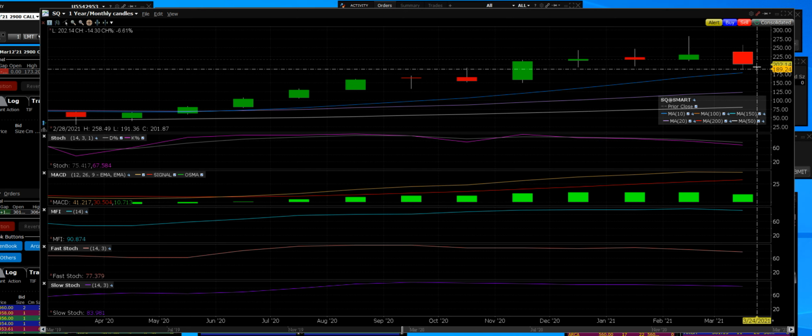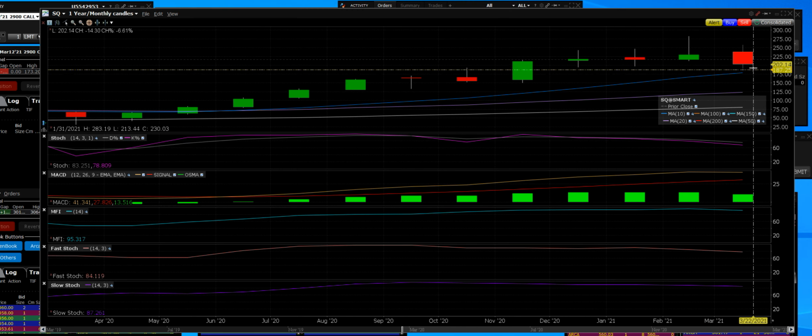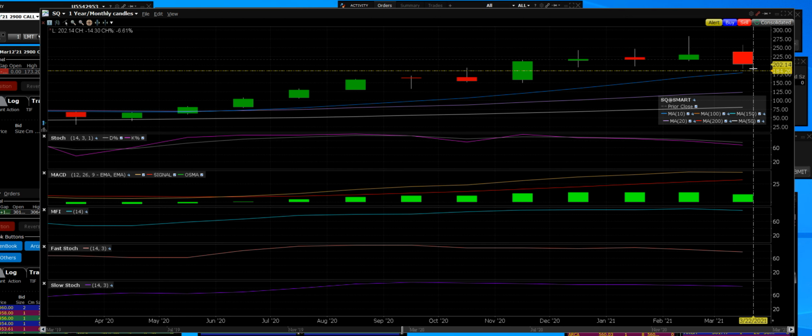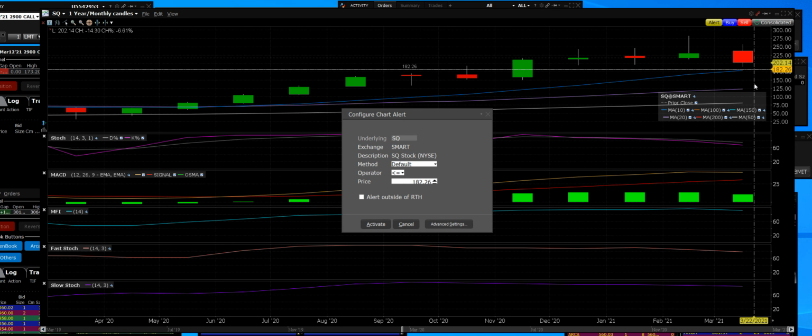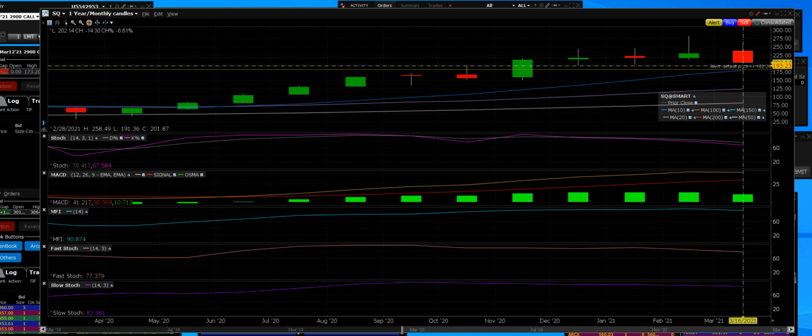So this is where the ultimate support level will be, right above that monthly moving average. And that monthly moving average right there is very significant. It's a yearly 1 month moving average, 10-month moving average. We're going to set an alert right there based on that. And then there are some other factors that go into play with Square.